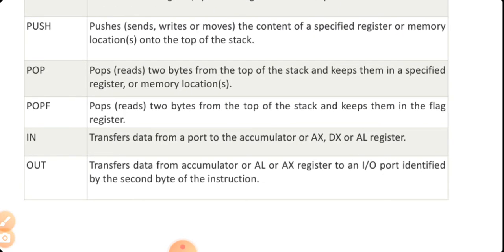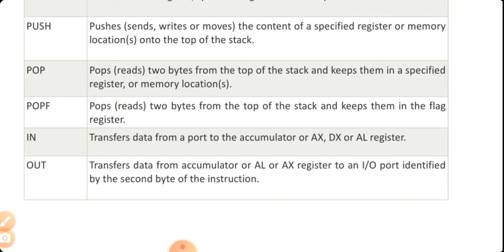What is the difference between both instructions? The IN instruction transfers the data from a port to the accumulator. Means we use the instruction for transferring the data from a port to the accumulator, or port to AX, port to DX, or port to AL register.